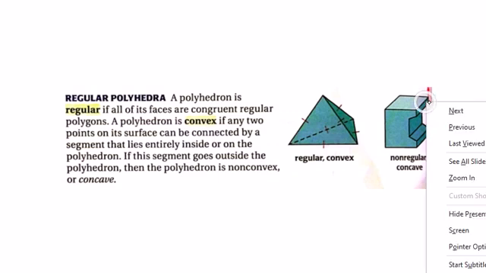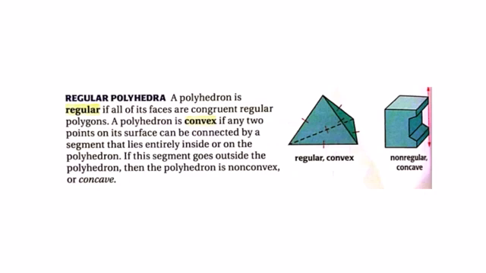So they picked a point on one of the sides here, and they picked another point and they drew a line here, and this line is not contained entirely on that side or that face, because as you can see, it kind of dips in there. It is concave, and it is definitely not regular.